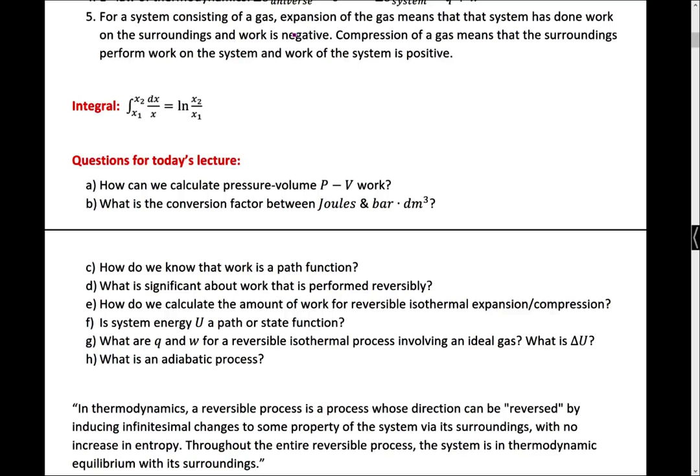So that's going to be pretty straightforward. We're also going to talk about reversible work. Remember last time we said that if we have a reversible process, that means that every step of the way, an incremental change in one direction can get you back exactly where you started if you reverse incrementally. Okay? And that's an important concept that we'll be applying when we talk about work.